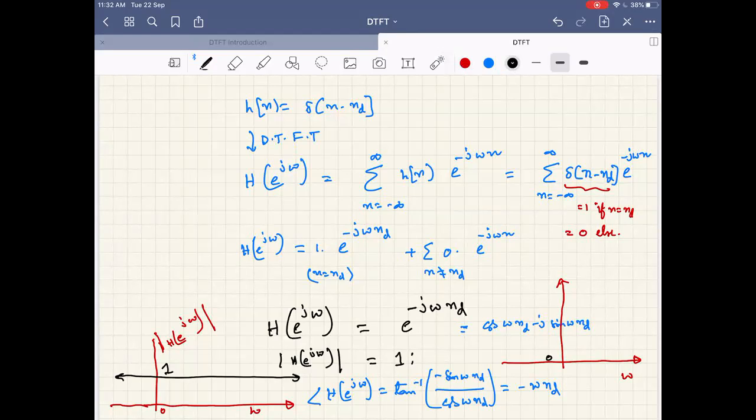It is linear in omega, but not in the positive direction, rather in the negative direction. The slope of the spectrum is nd. So when omega is positive, the angle is negative, and when omega is negative, the angle is positive. So it will be like this, and so on.